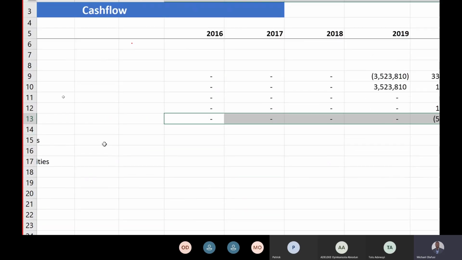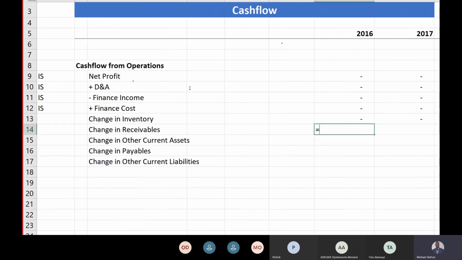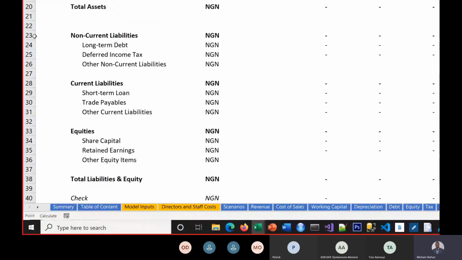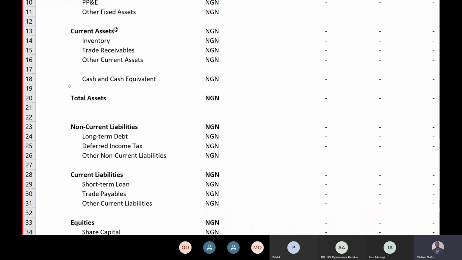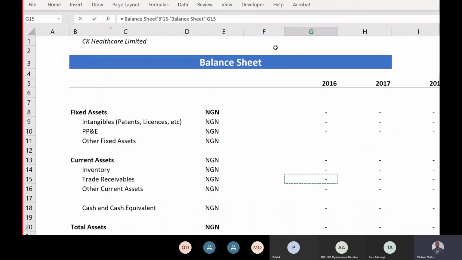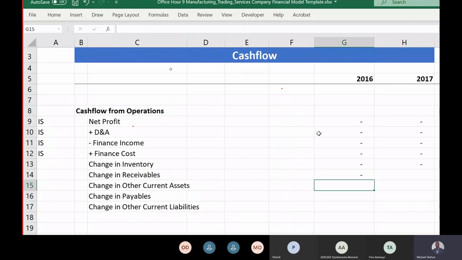Now we go to the receivable. Receivable is similar, I'm going to say equal to last year receivable minus this year. And if you look at it again, F is last year, this year is G, right? So last year minus this year, okay? Maybe I should just do them and drag all at once.